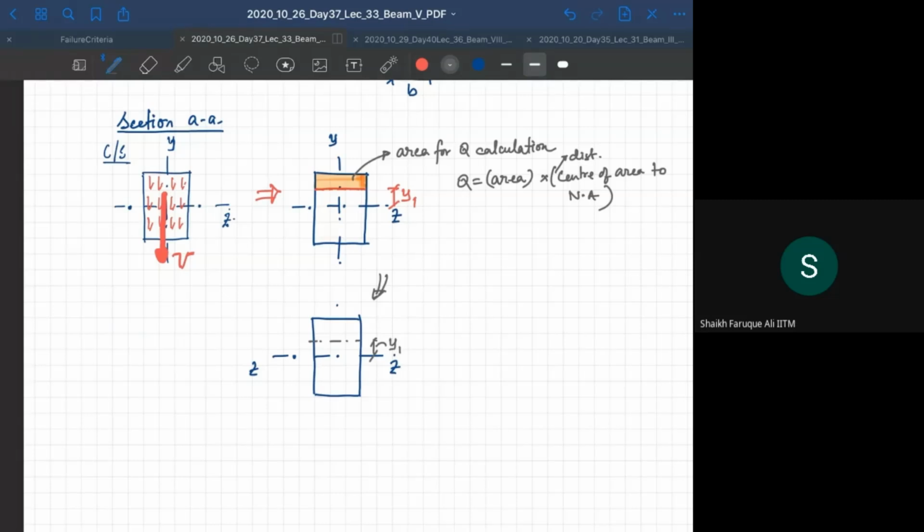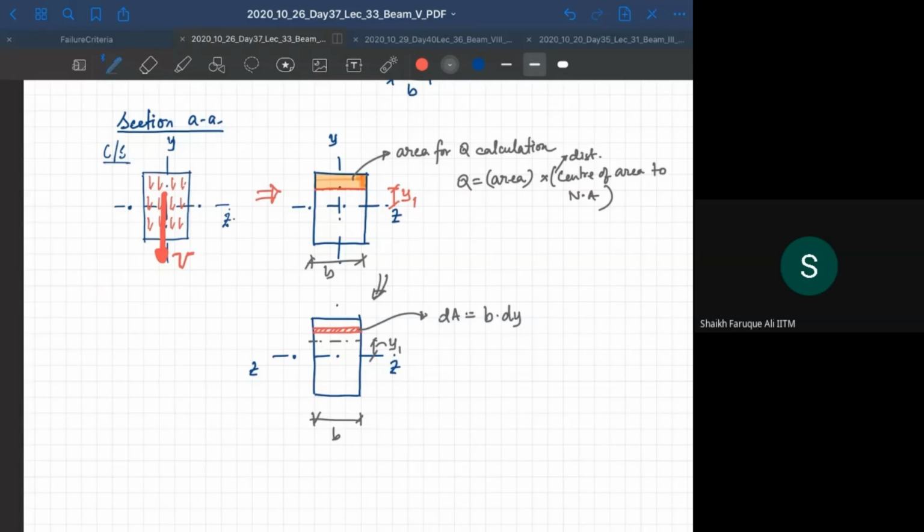Okay, so I have to do dy. So I will calculate dA like this. Sorry, dA. Okay, so this dA is equal to, this is b, right? This is my b. It's going to be b into dy. That's clear? And then you do an integration.